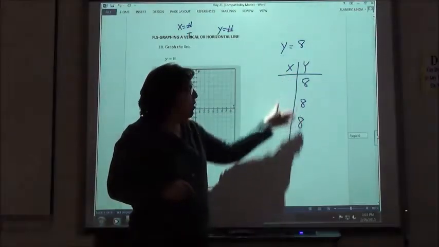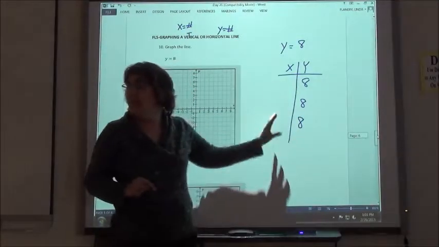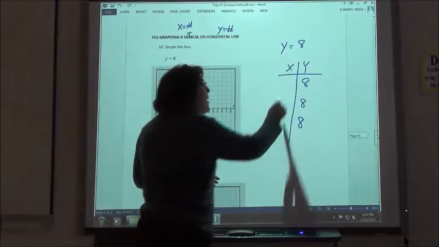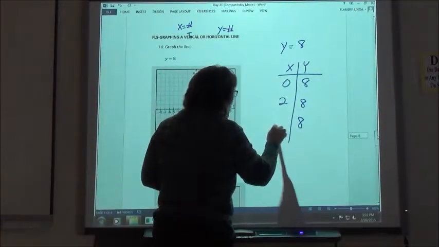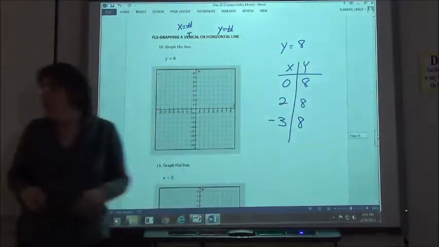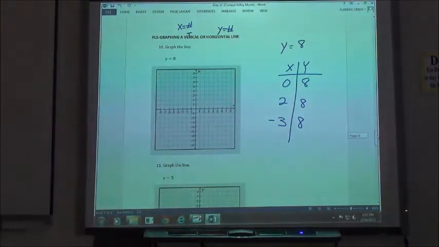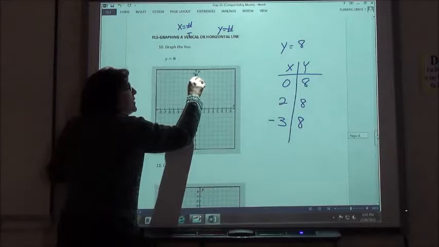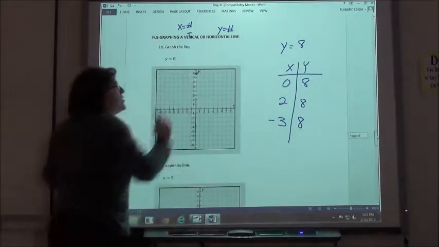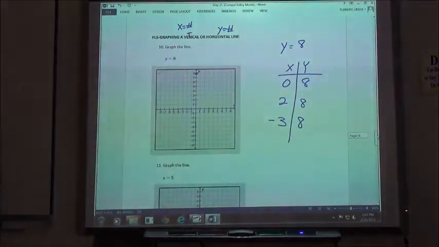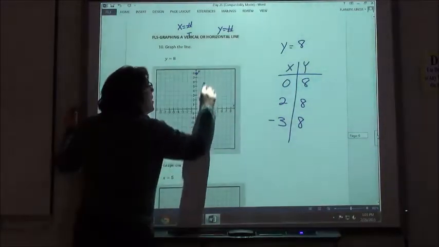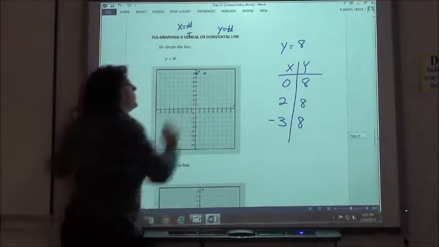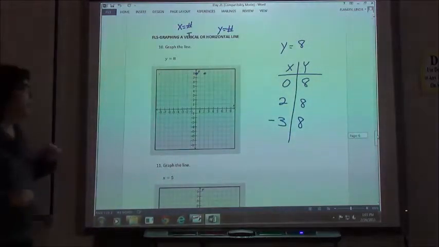If y always has to be 8, x can be whatever I want it to be. It might be 0, it might be 2, it might be -3. Now what happens when I plot those points? 0 over up 8 touches my y-axis right at 8. 2 over up 8 would be right there.